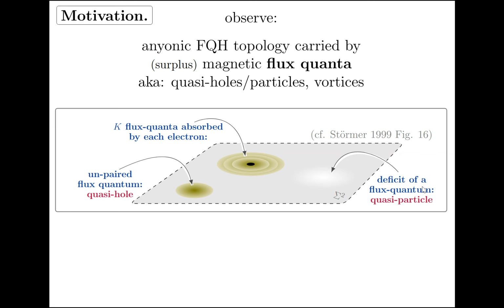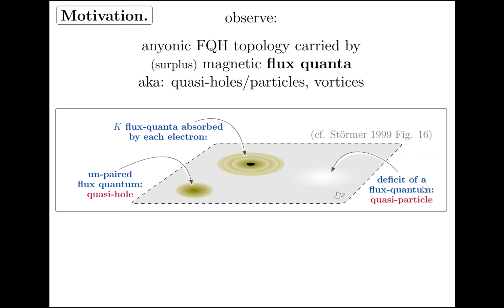In such systems, a single electron is thought to be somehow paired or coupled or bound to, in some way or other, k flux quanta. So there's one electron per k flux quanta, and at the exact filling fraction 1 over k, these are all exactly absorbed. But then every additional flux quantum that is brought into the system by tuning up the magnetic field just a little bit has to be unpaired, because by assumption everything else was already paired at exact filling fraction.